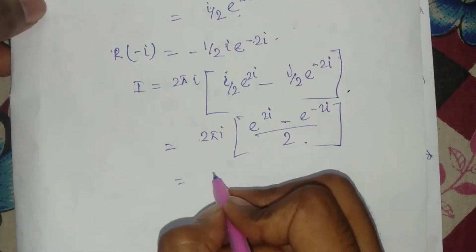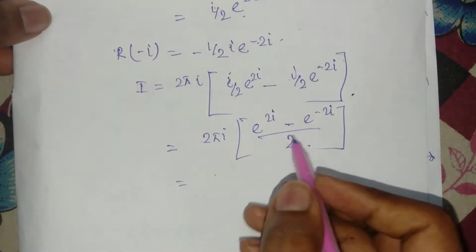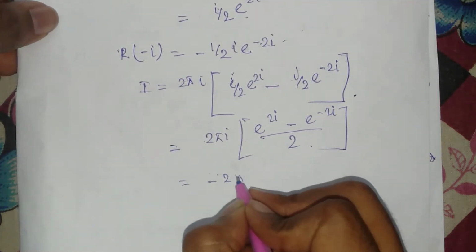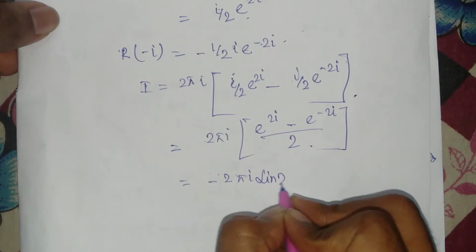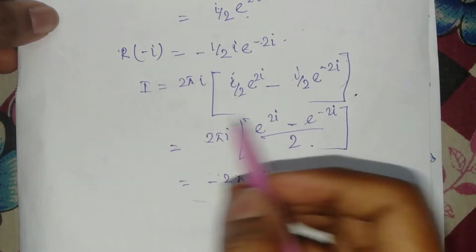Now the 2 cancels, and we know this formula is sine of 2. So the minus comes out: minus 2 pi i sine of 2. This is the answer.